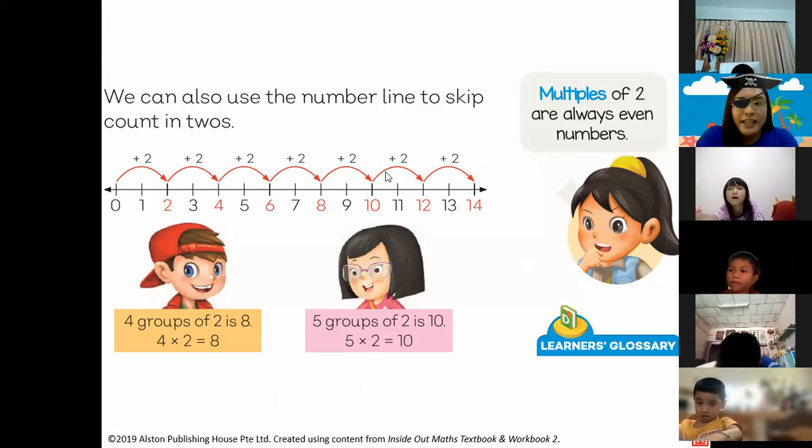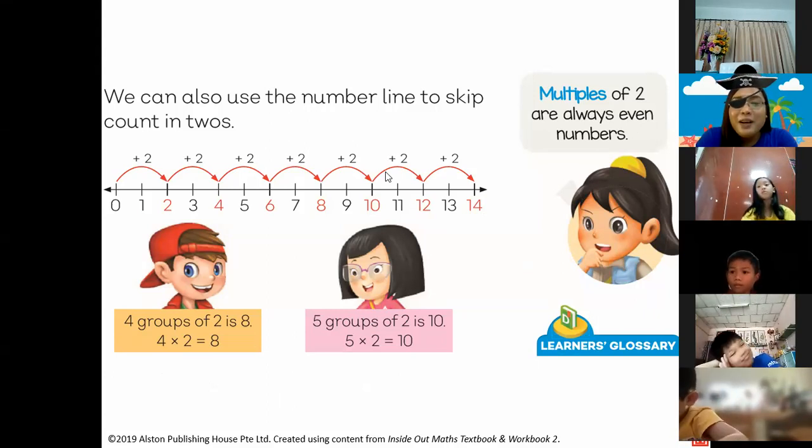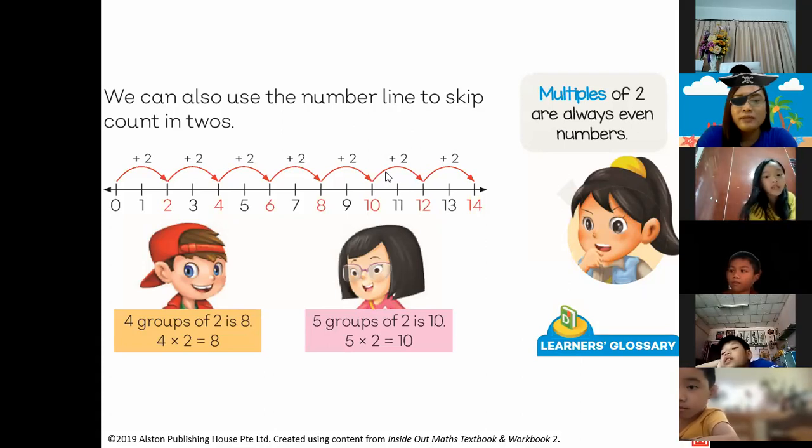Very good. It's 18. What is 10 groups of 2? 20.